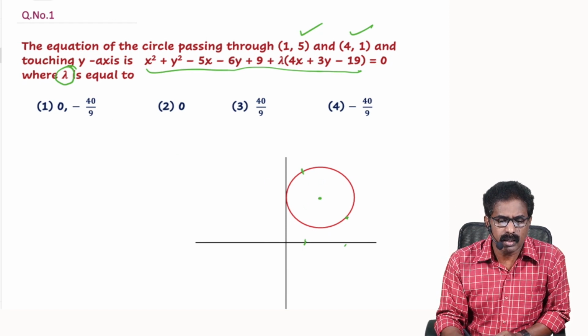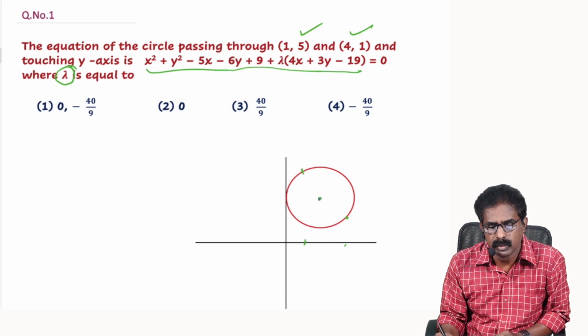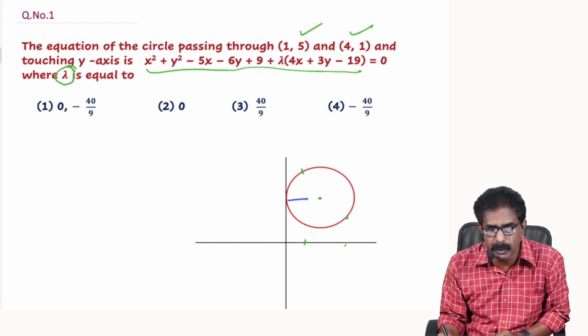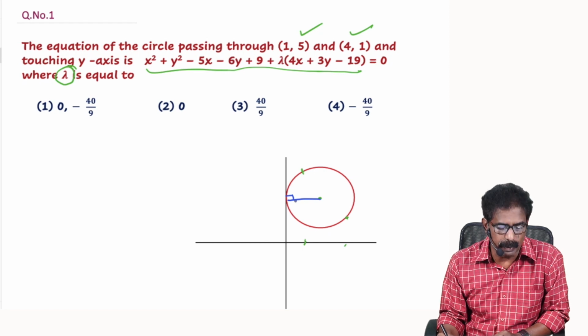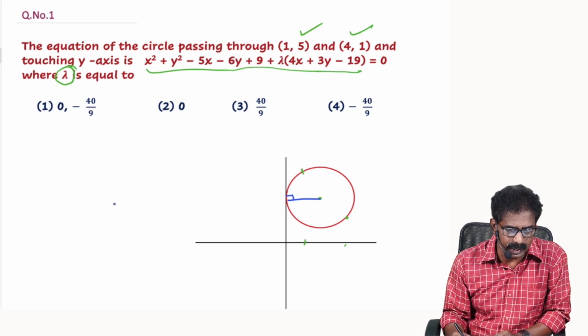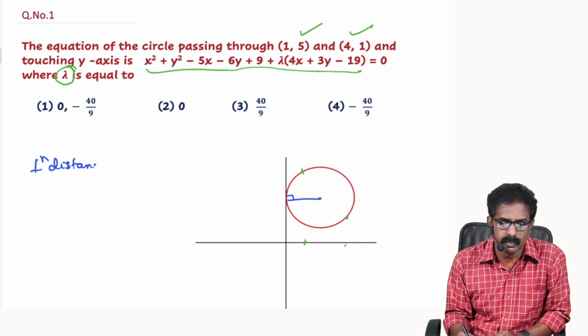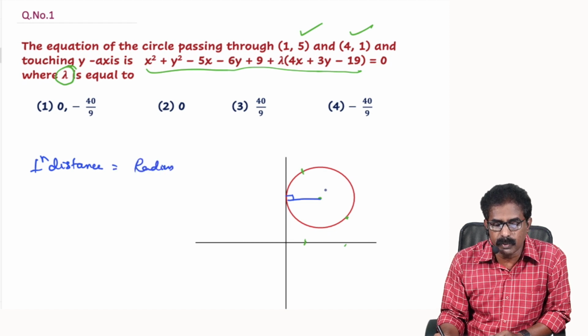Okay, so what concept do we use here? This perpendicular touches the y-axis. So this perpendicular distance is the same as what? The radius. The perpendicular distance is equal to the radius. Generally I take the center as (-g, -f), right?